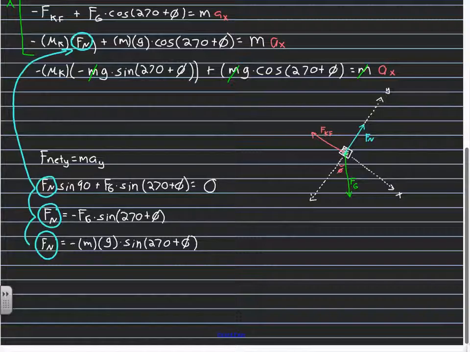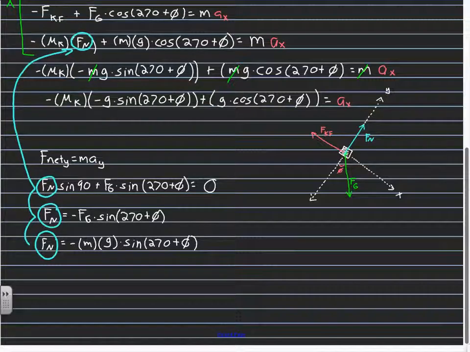So what we can do is simplify this to equal negative coefficient times negative g sine of 270 plus theta plus g times the cosine of 270 plus theta. And that is going to equal our acceleration.